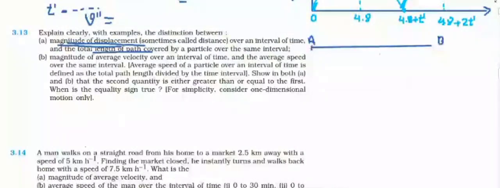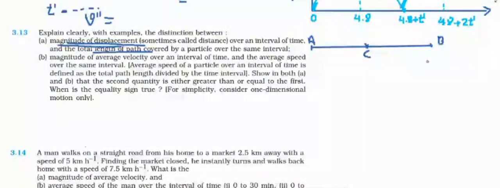For example, suppose the object travels from A to B. Then magnitude of displacement is equal to distance. Suppose after reaching B, the object returns to C. Then what happens? Displacement is AC, while distance traveled is AB plus BC. So magnitude of displacement is less than distance traveled. So what are the options?